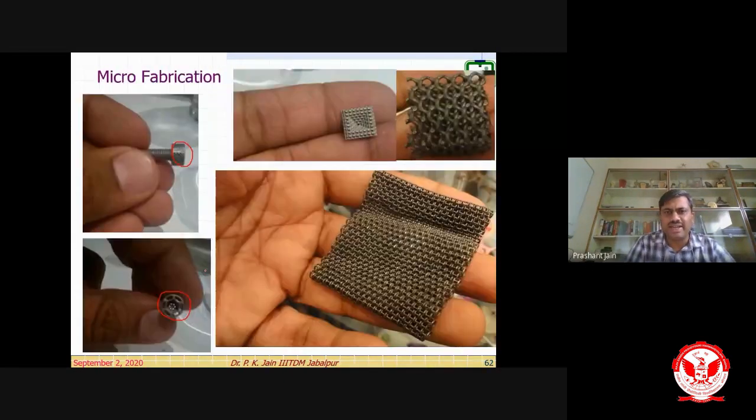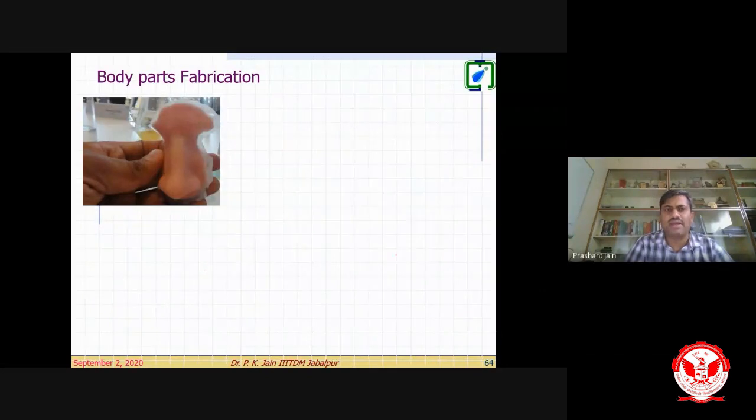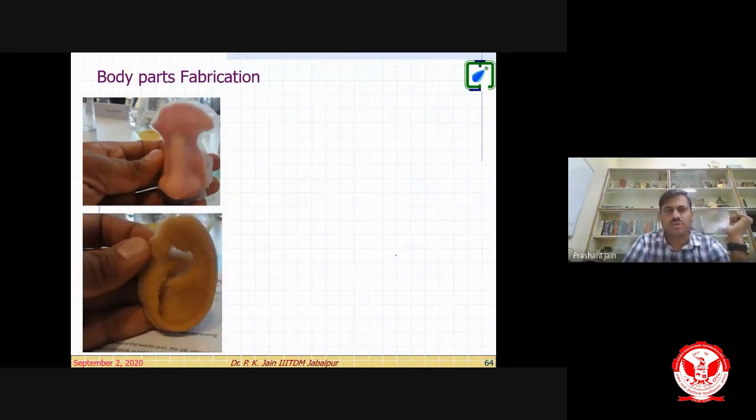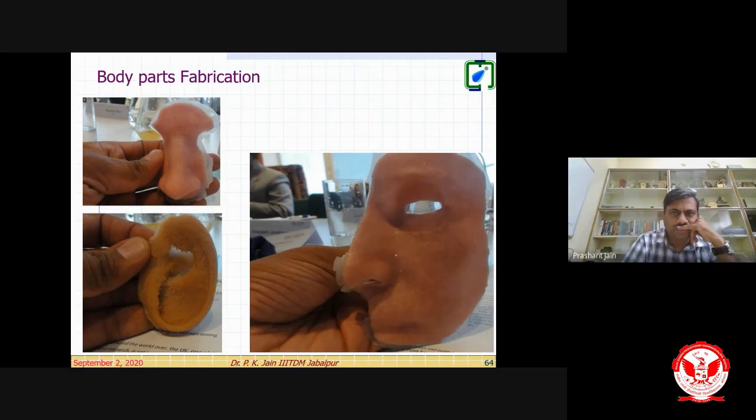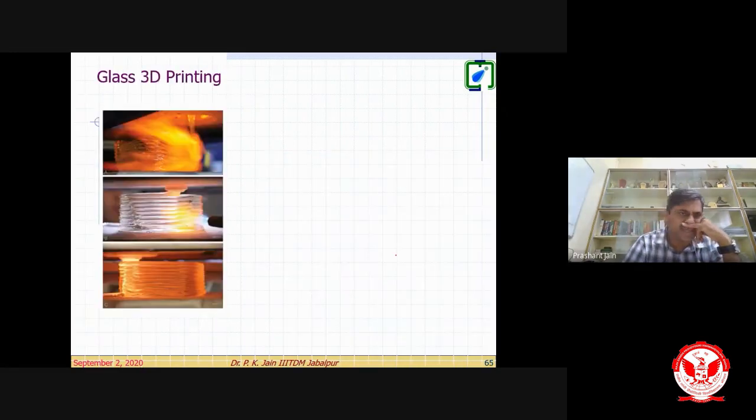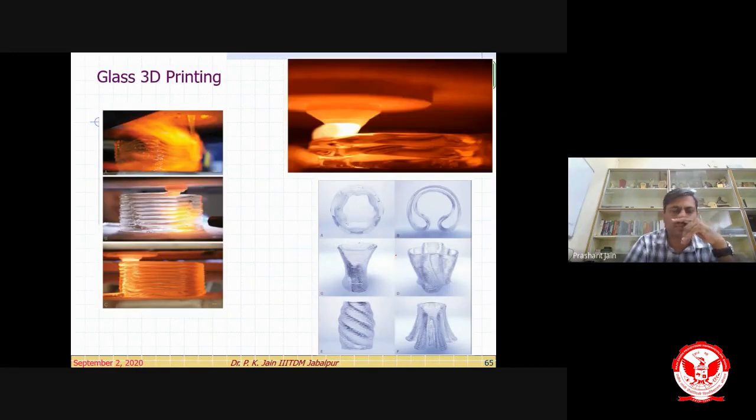Look at this, recently such rubber-like material is being used, and body parts have started to be printed. So people use it for this. Right, these are some of the recent developments in glass printing.